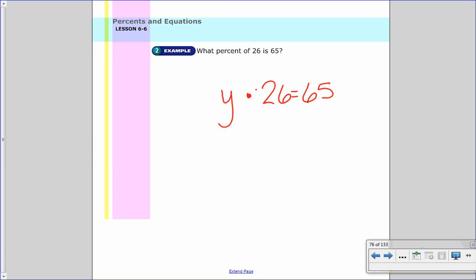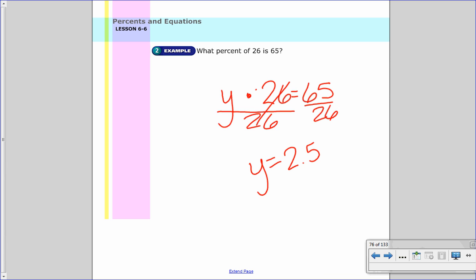So now we have y times 26 is the same as 65. In order to figure out what the percentage is, we need to get y by itself. So we divide by 26, and we get y is, I believe, 62.5. But let me double check myself just to be sure. And yep, we get 2.5.